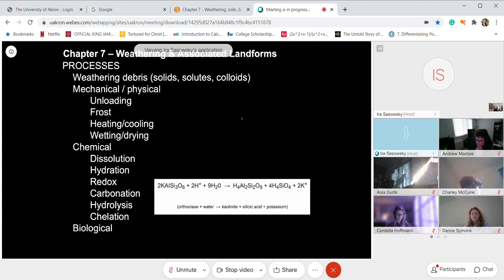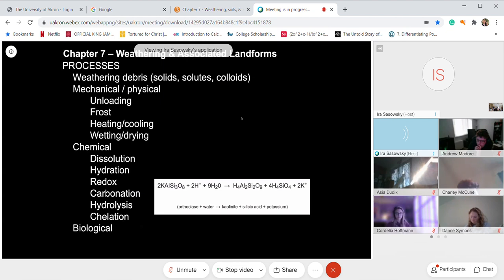And mechanical weathering, of course, is extremely important in the process because every time you break material into smaller bits, you create larger surface area that can be exposed to chemical weathering. And so in concert, mechanical weathering and chemical weathering have a sort of synergy where one can assist the other.